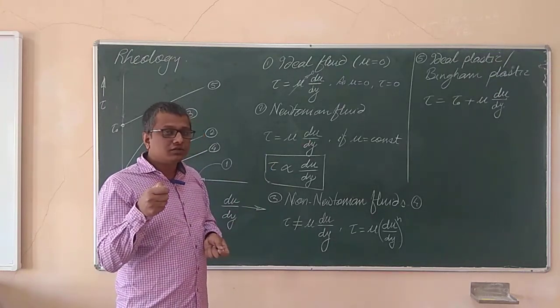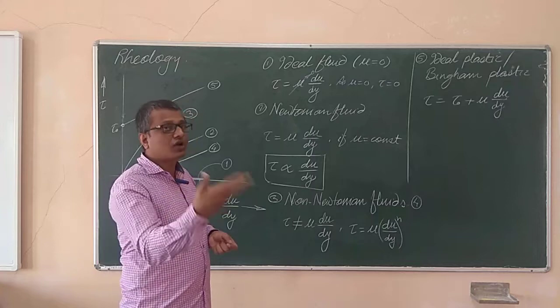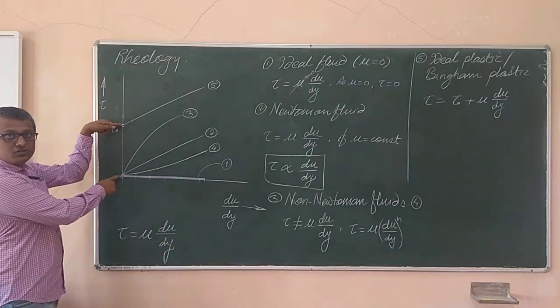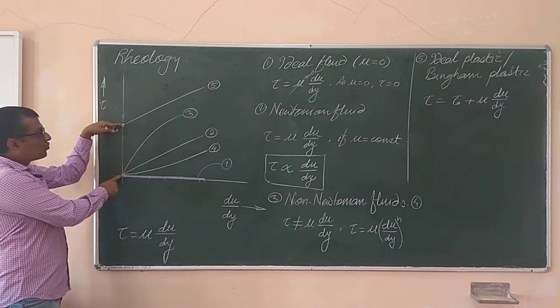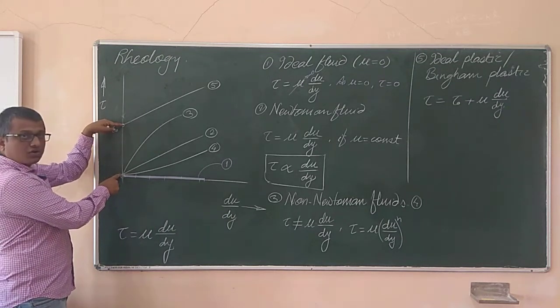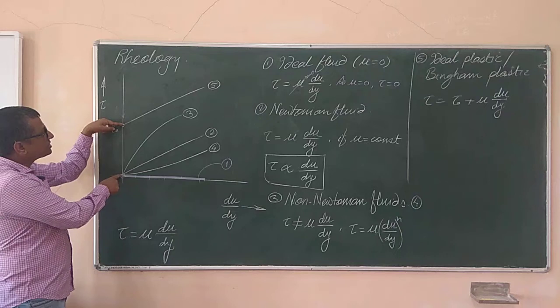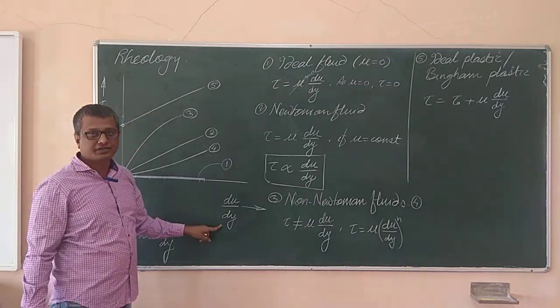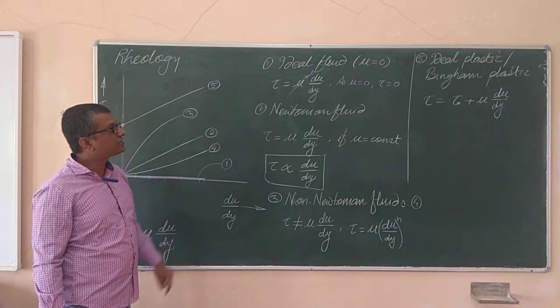Toothpaste, if you leave it by its own, it will not flow, since some initial yield stress has to be given to that paste, and if the stress between two fluid layers is more than this, then onwards it will start to flow. I mean, then onwards there will be a velocity gradient. So that's what the ideal plastic is.